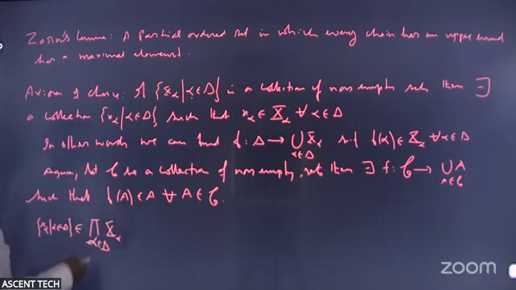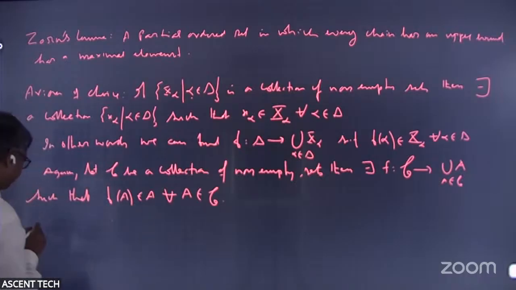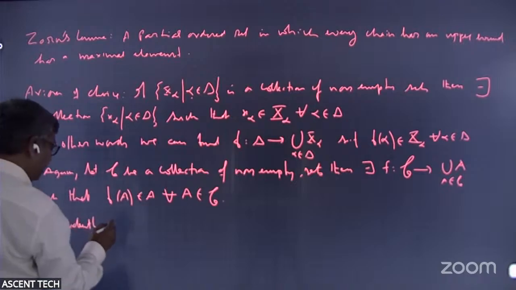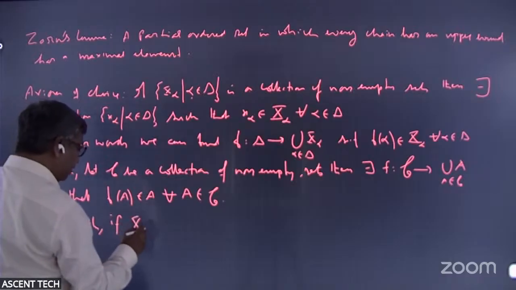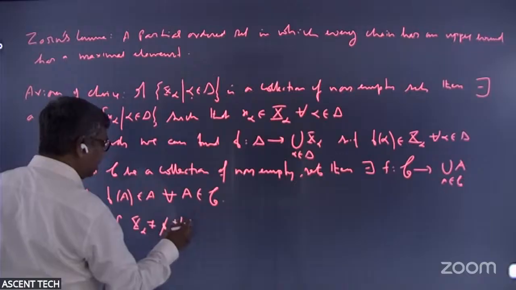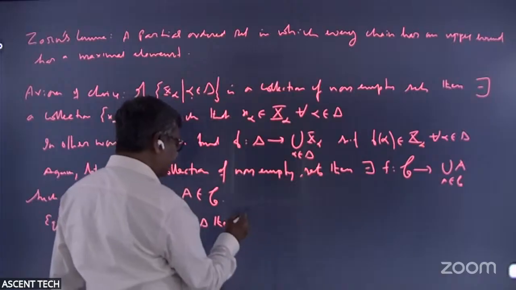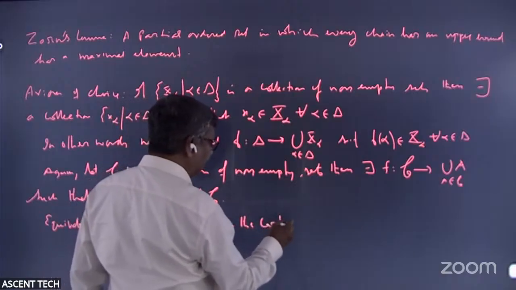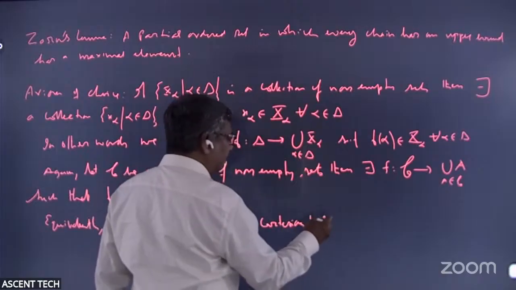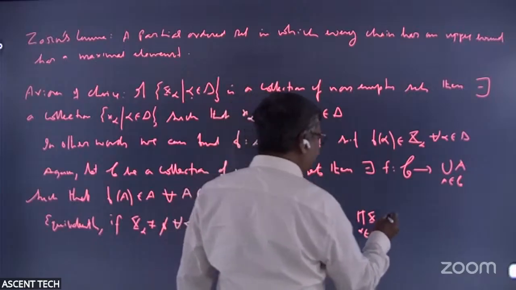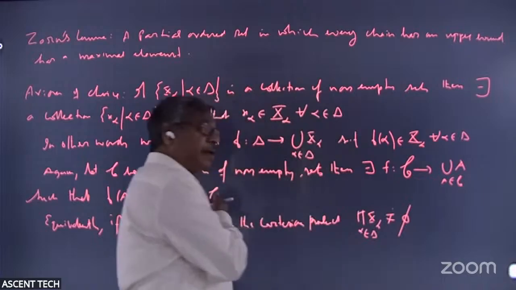That this is non-empty is what the axiom of choice is saying. Or equivalently, if X_alpha is non-empty for each alpha in delta, then the Cartesian product of X_alpha, alpha in delta, is non-empty too. That is what we are saying, the axiom of choice.